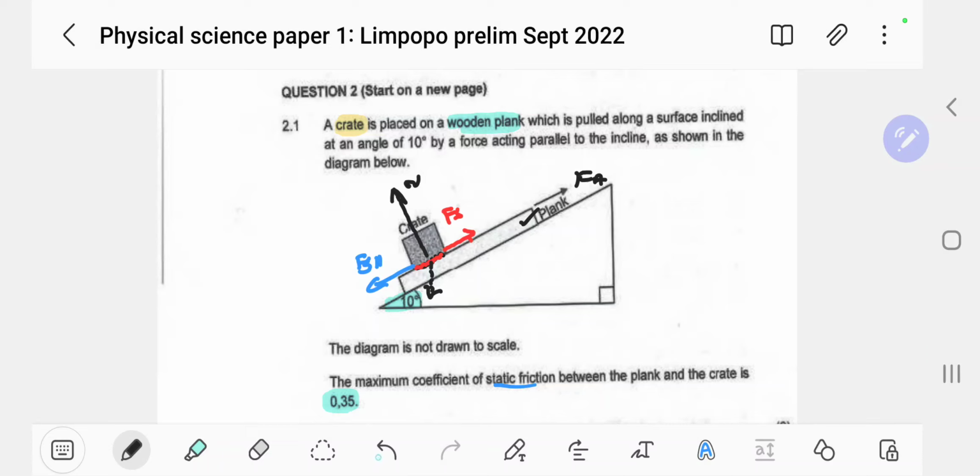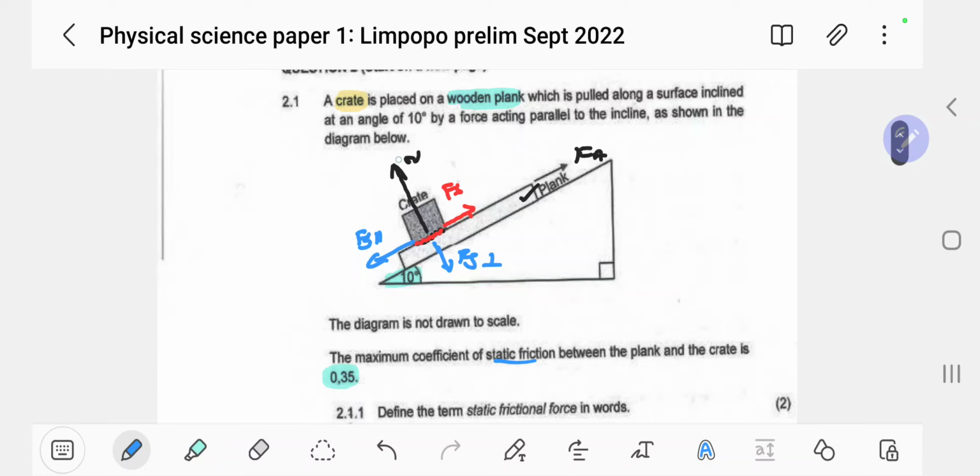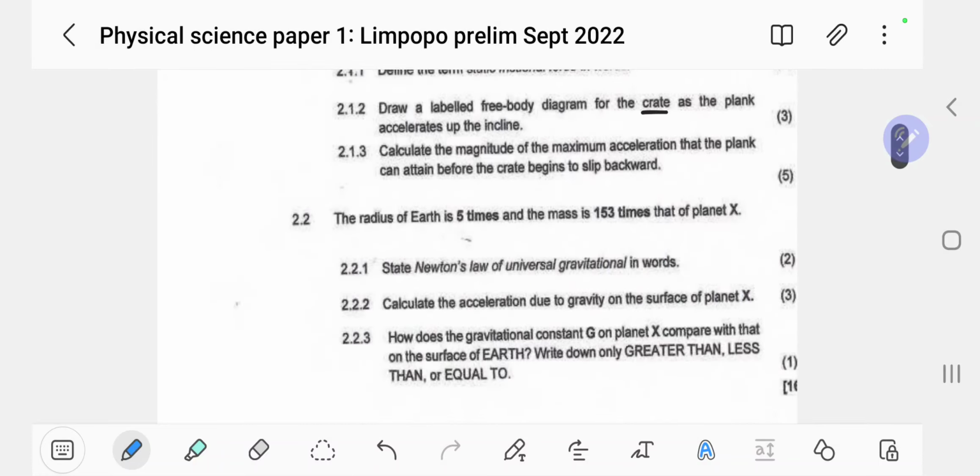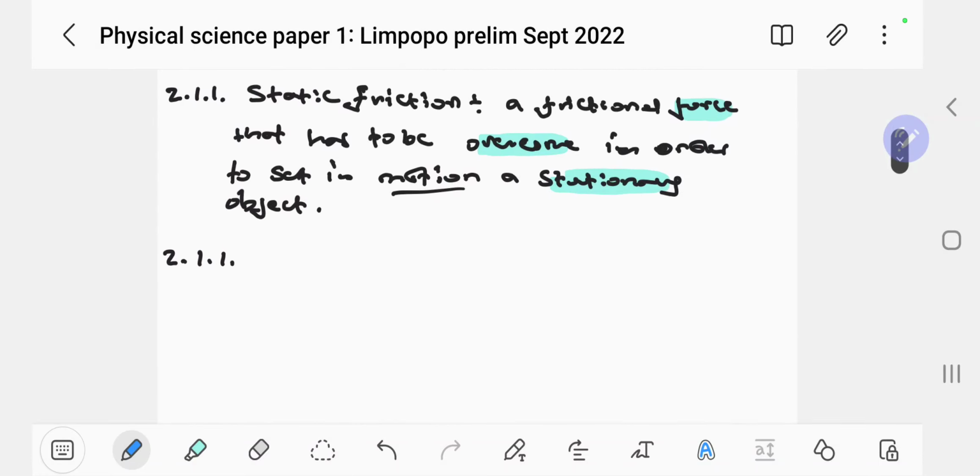So it's up to our choice. But if you do these components, you get 1 mark for both. Then you get a mark for this one, a mark for the normal force. So let's do the free body diagram. Not too big a deal.